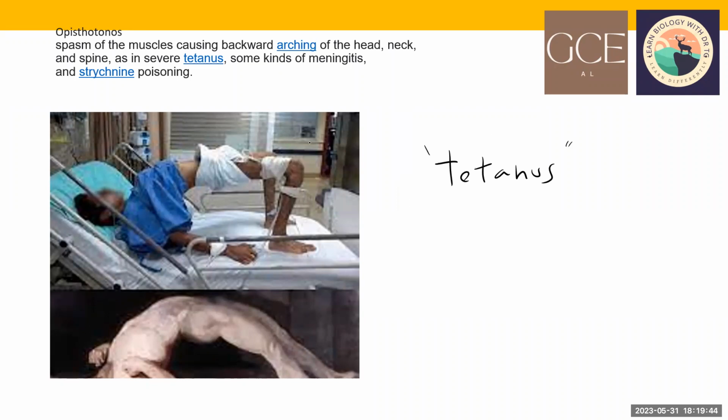If we are wounded and there could be a suspicion of tetanus, it is recommended to take the tetanus vaccine. Even if people have taken the tetanus vaccine in the past, maybe the antibody level goes down with time. Freshly, they have to take the tetanus vaccine again.